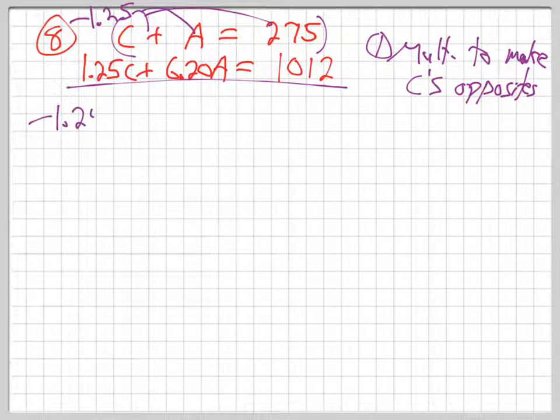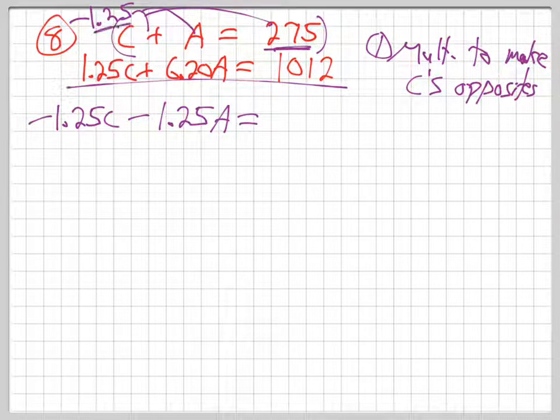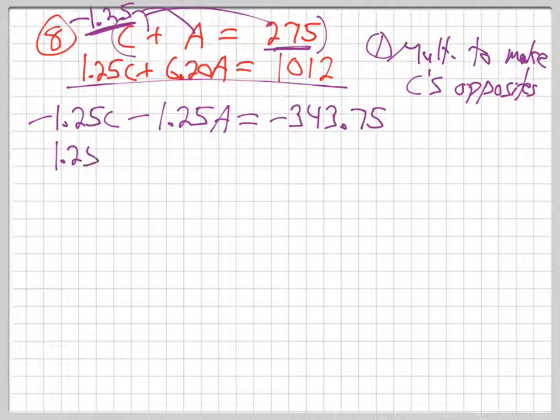So negative 1.25C minus 1.25A is, and now what is negative 1.25 times 275? It is negative 343.75. The second equation, I'll just bring this one down, no changes at all.